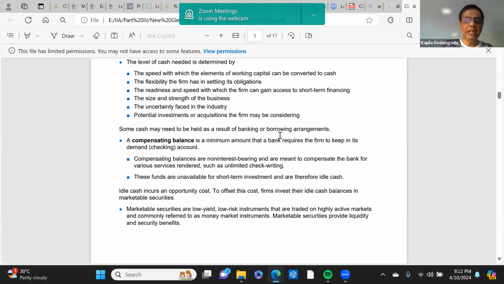So a compensating balance is like a margin that you maintain with the bank. It is the minimum amount that the bank requires the firm to keep in a checking account. A checking account is a current account. The money required to be kept as margin in the checking account earns no return, and that is the compensating balance. Compensating balances are non-interest bearing, since a checking or current account does not earn interest, and are meant to compensate the bank for various services rendered, such as unlimited check writing.